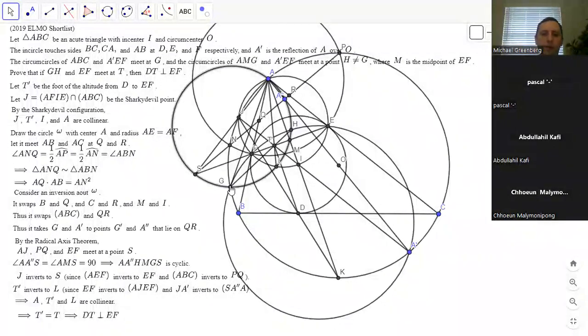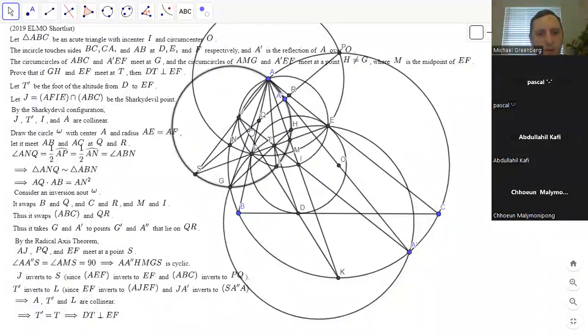I think we know that by inversion, because we know those four points are cyclic, and it inverts to this line A prime IJ. But then we do need G prime. We can't get rid of it.